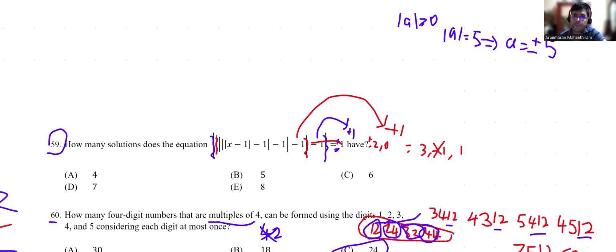So only we have two choices. Then thirdly we remove this modulus. Take that negative 1 to the right side as plus 1.